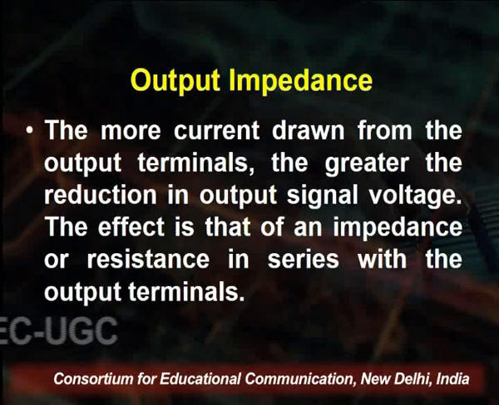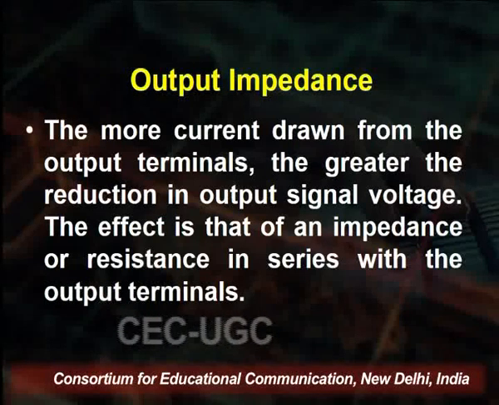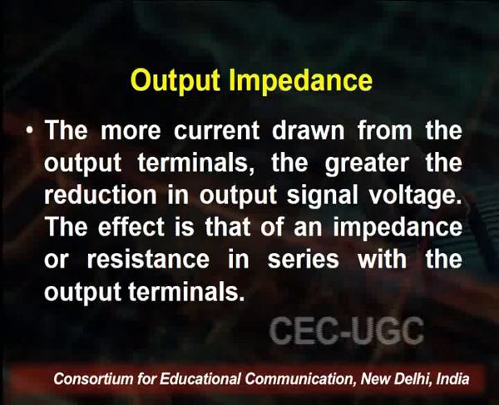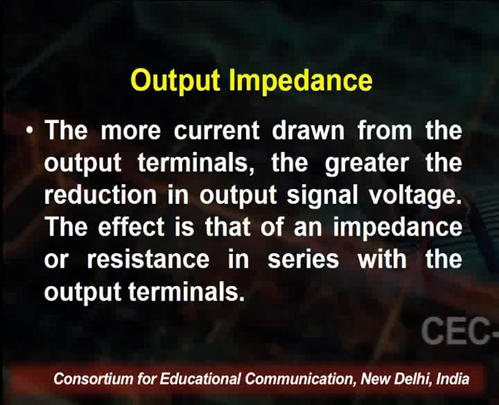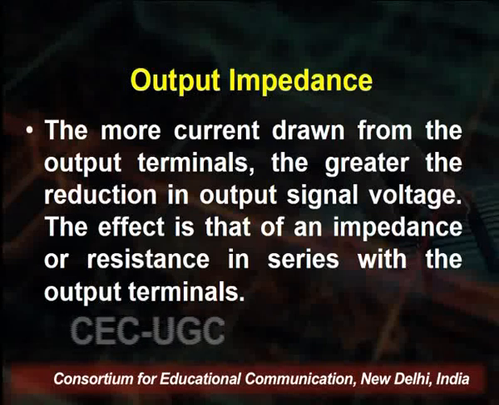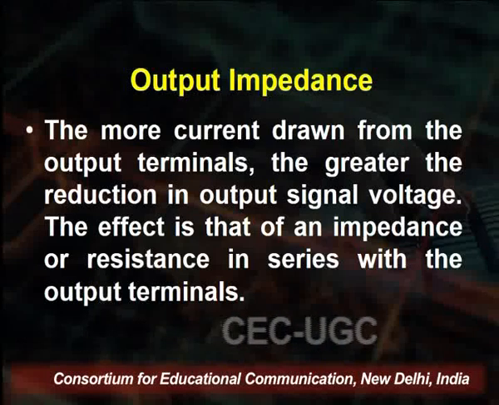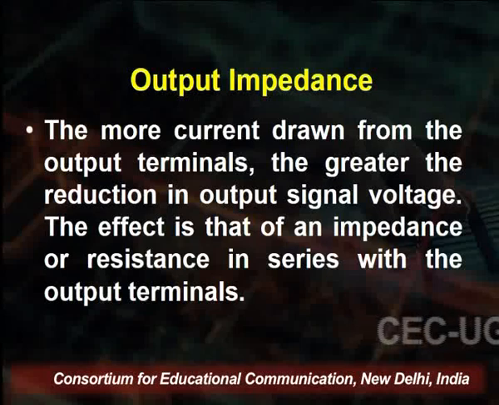We get the output impedance when a current is drawn from the output terminal. So the more current drawn from the output terminal, the greater the reduction of the output signal voltage, and this effect is that of an impedance or resistance in series with the output terminal.